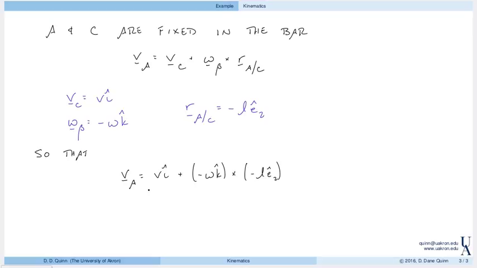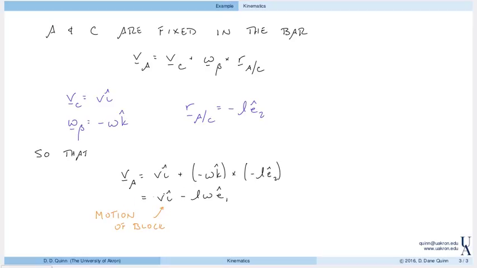So now, evaluating this cross product, we find that the velocity of A is v in the I direction minus L omega in the E1 direction, because k cross E2 is minus E1. And we have these other two minus signs that cancel out. We can attribute these two terms to two different sources. In particular, this first term, v in the I direction, is due to the motion of the block.